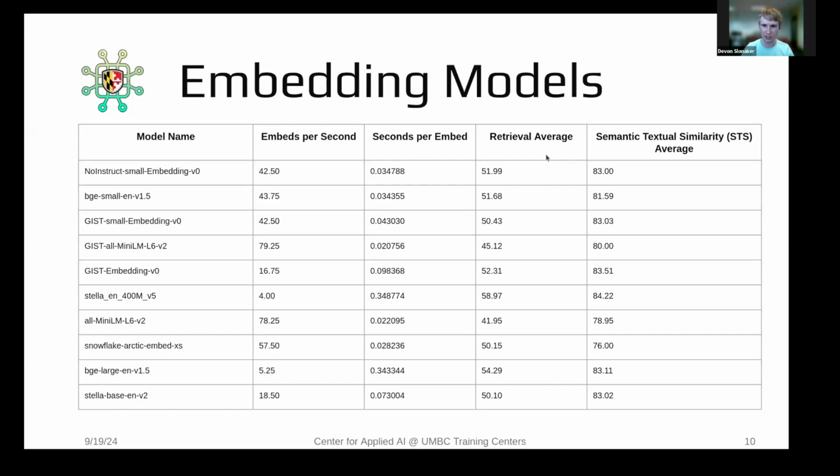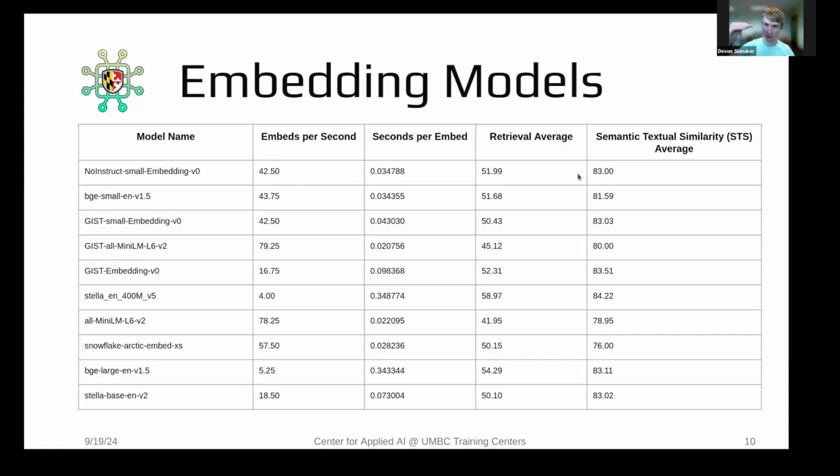From what we found here, the best retrieval is the Stella 400 million model. But this is sorted based on both the speed and these scores to find a balance, because you could have something really good, but dirt slow.